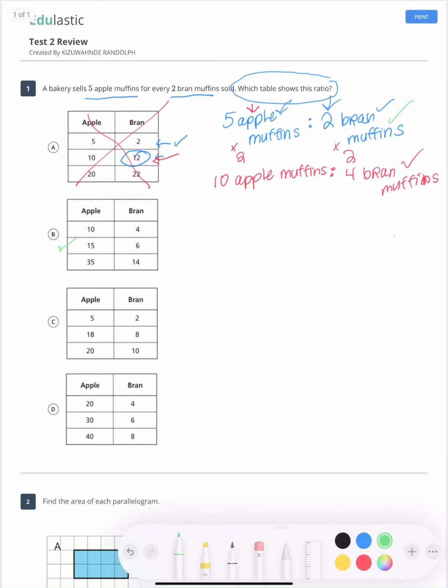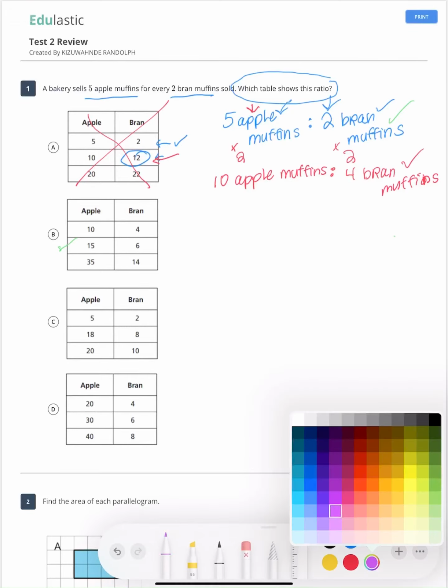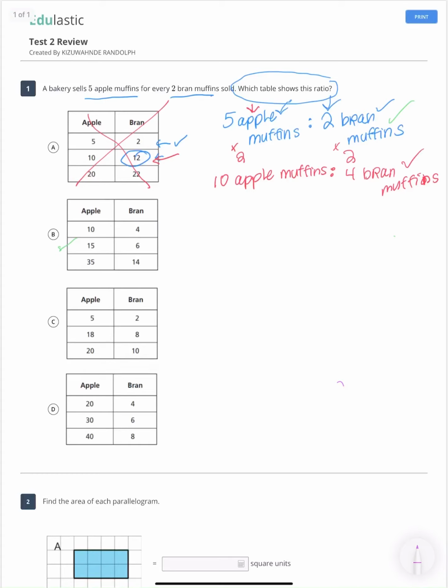All right, so let's move to the next answer choice, and I'm going to use purple to answer it. So now for the last row, it says 35 apple muffins to 14 bran muffins. So what you can do is, I used division in my last question.